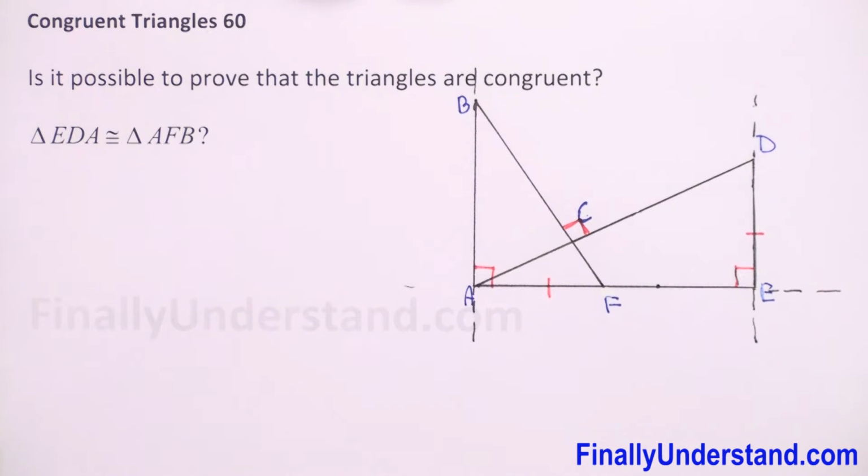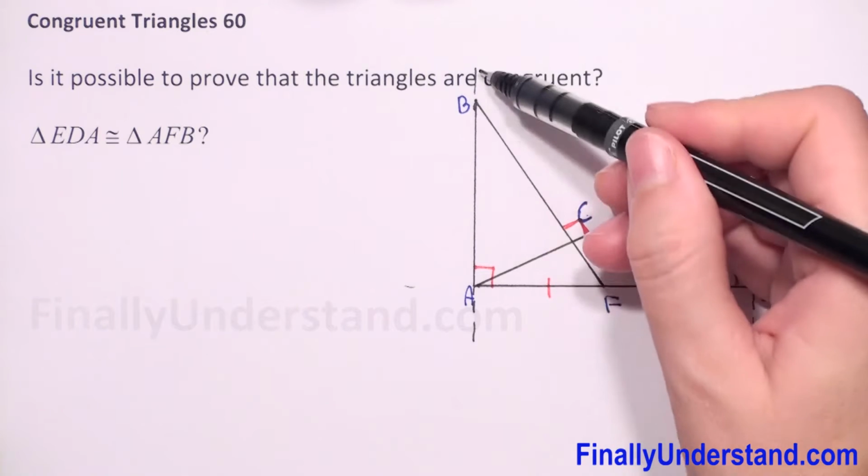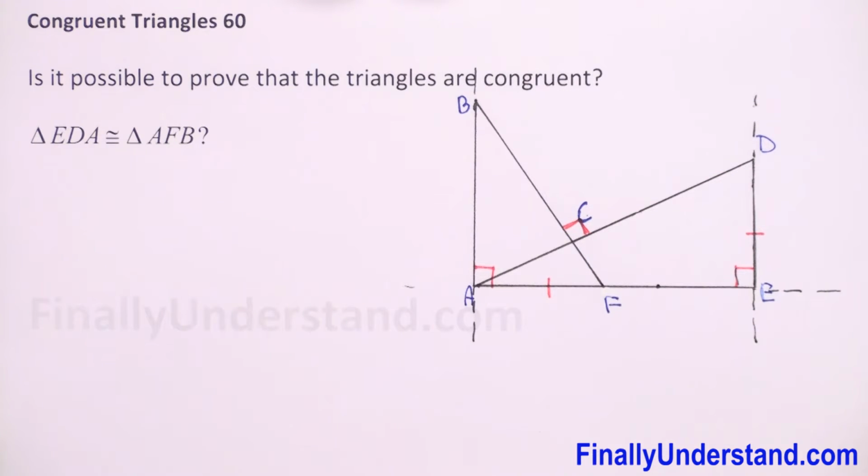If two lines are cut by a transversal, so DE and BA are our two lines, and the transversal will be AE, now the alternate interior angles are congruent.